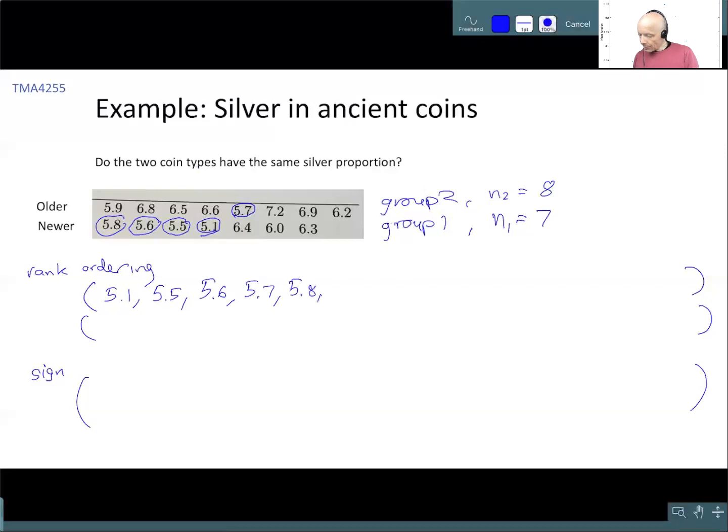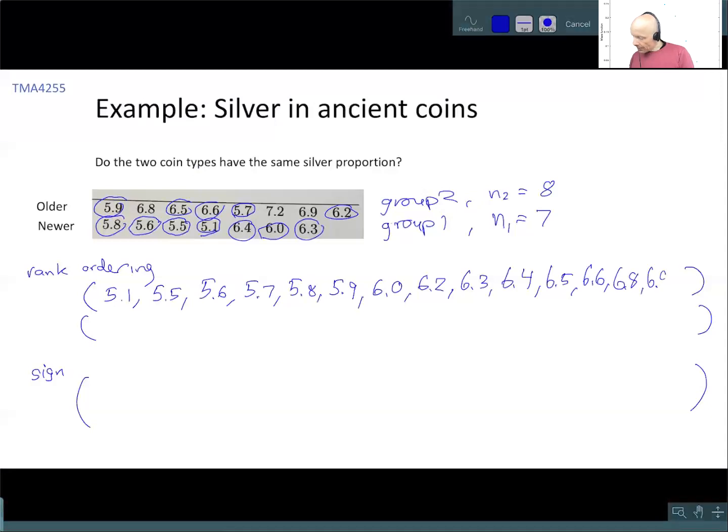And then 5.9. 6. 6.2. 6.3. 6.4. And it continues like this, 6.5, 6.6, 6.8, 6.9, and 7.2.